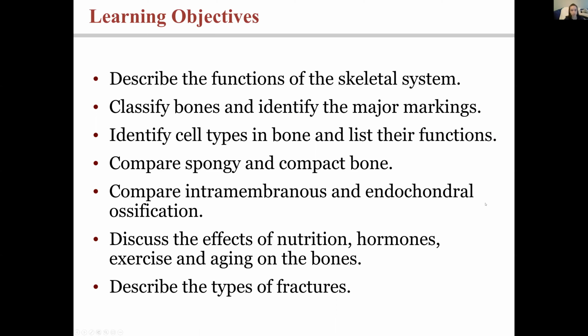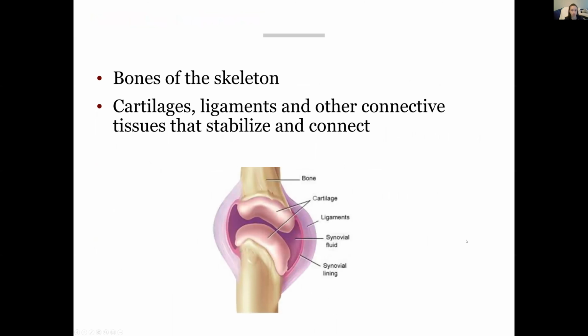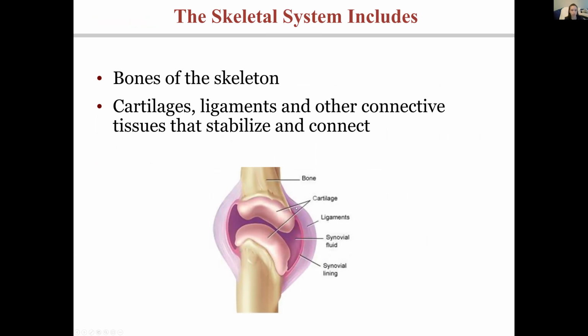The one thing that we have in common is this transition from cartilage towards bone. We're going to look at the effects of exercising, this dynamic process of bone deposition and bone resorption.